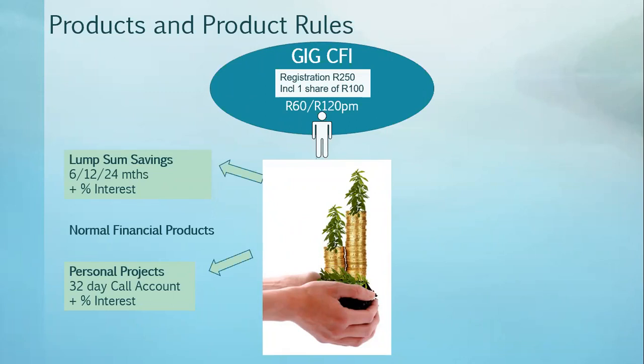Then we also have a 32-day call account, and that's for your personal projects. So the idea is to put some money aside for the end of the year Christmas gifts or the beginning of the year school fees, or save towards a product or project or something that's important to you.